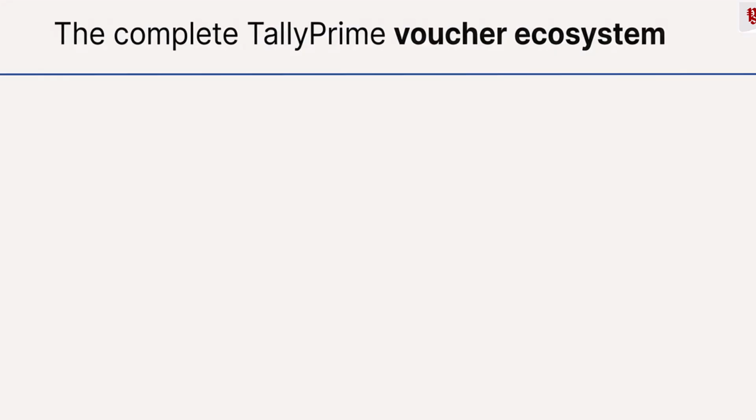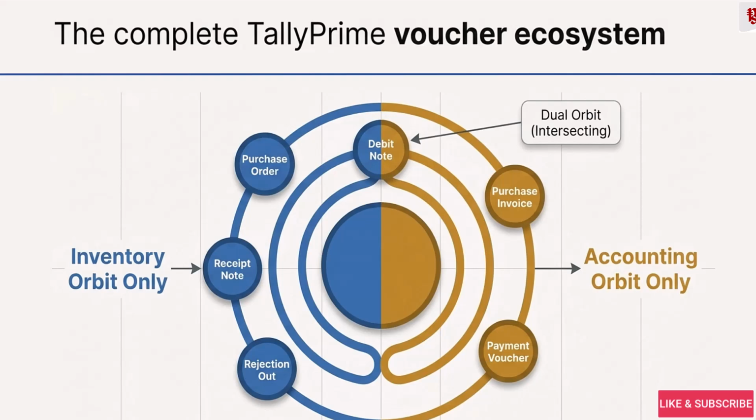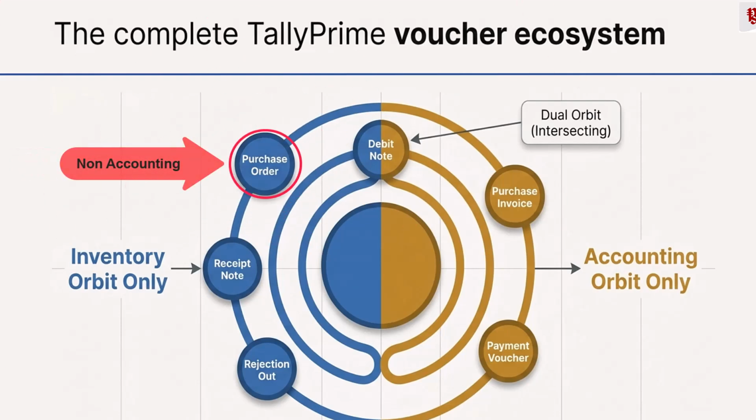Based on the previous steps, we understood the complete vouchers for this cycle, again just to remind you of the two sets of books mentioned in the introduction. The purchase order voucher is referred to as a non-accounting voucher. What does it mean?